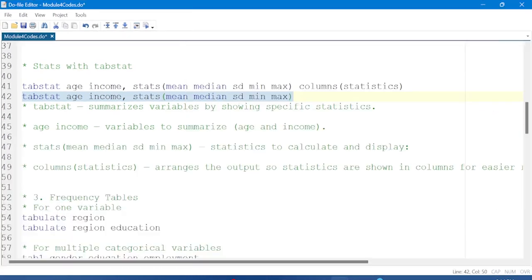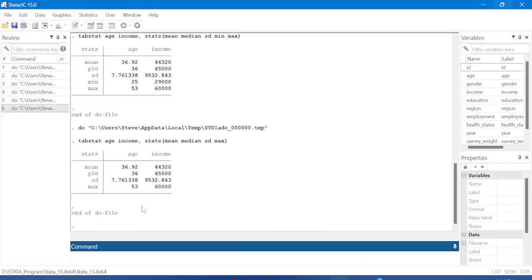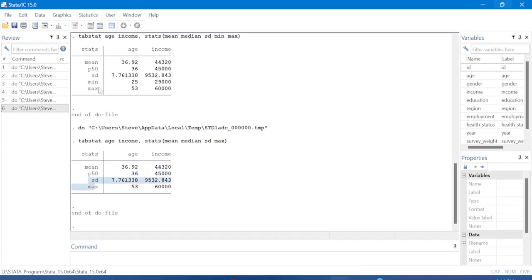So in short, what tabstat does is simply summarize variables by showing specific statistics. These specific statistics include mean, median, standard deviation, minimum value, and maximum value. And provided you don't want, for example, the minimum value to be shown, you can do away with it and execute this. Checking the outcome in the result window, now you realize that we don't have the minimum value, but here we have the rest.